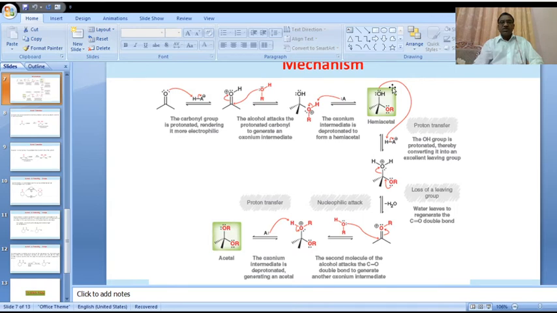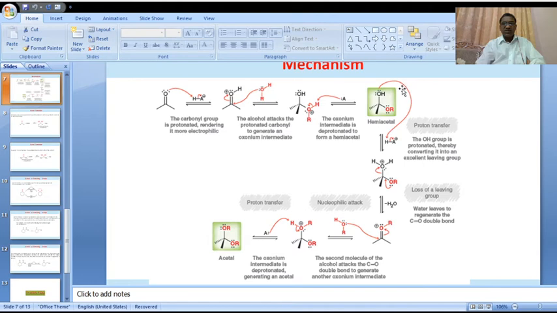From this hemiacetal, there is another proton transfer stage. The hydroxy group is protonated by the acid, thereby converting it into an excellent leaving group. The hydroxy group by itself is not an excellent leaving group, it is a normal functional group.